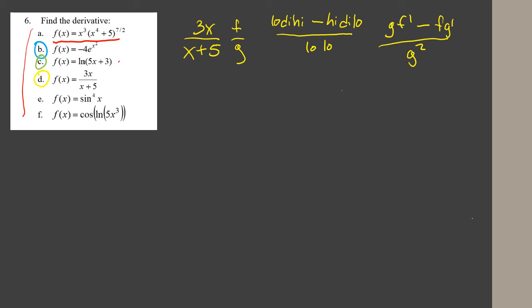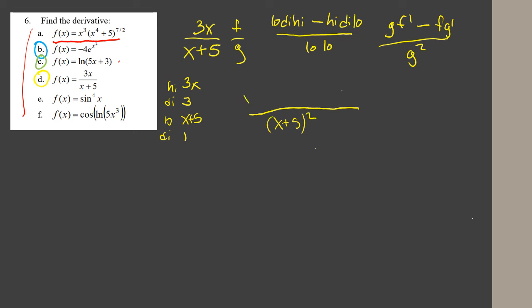So let's do high, d high, we'll make a reference box over here, low, d low, so we can fill all this in. Our high is 3x, the derivative of that is just 3, and then low is x plus 5, the derivative of that is just 1. So we'll fill this in, low just becomes x plus 5 quantity squared.